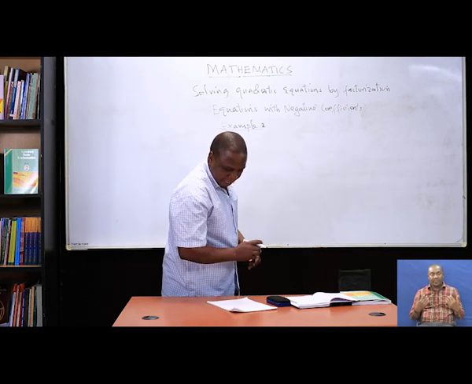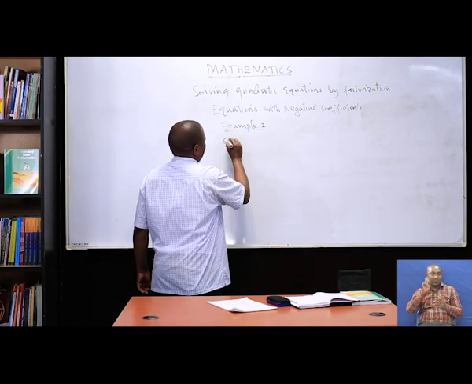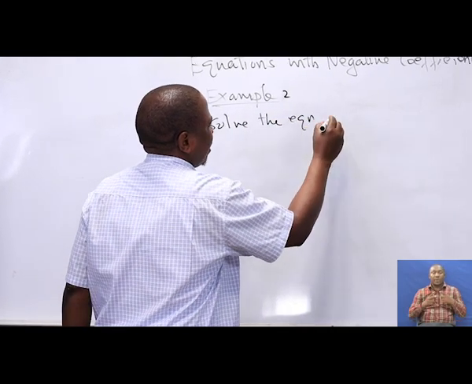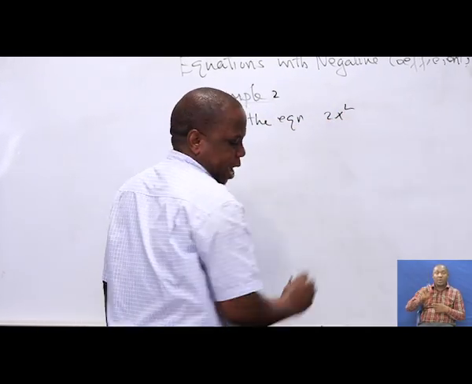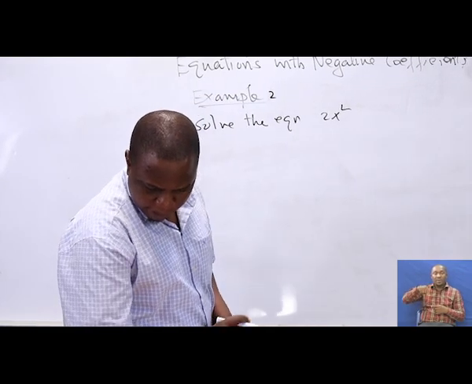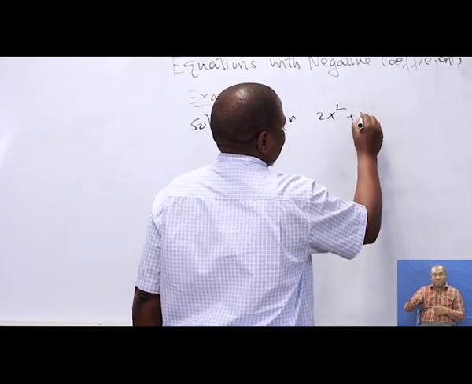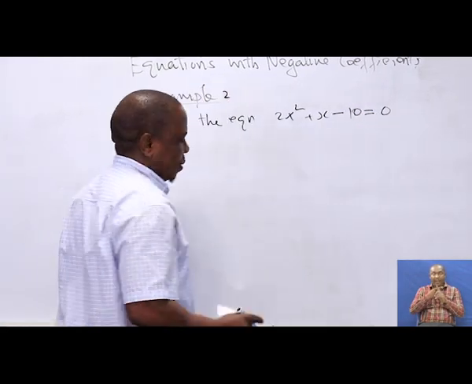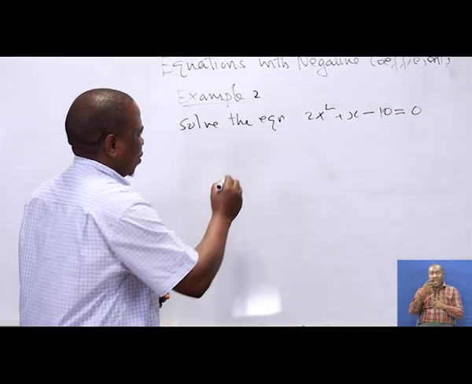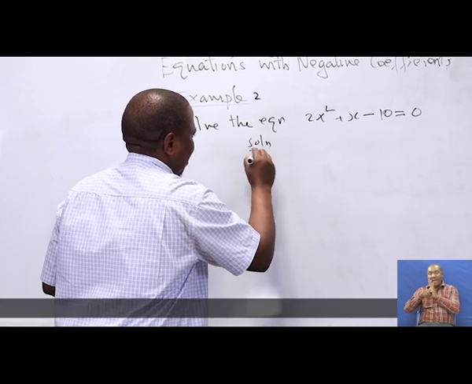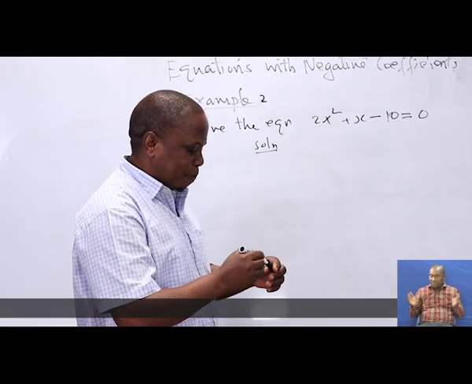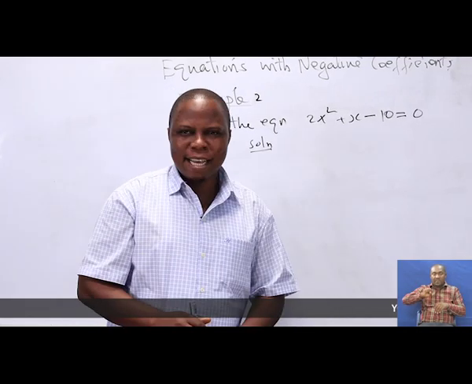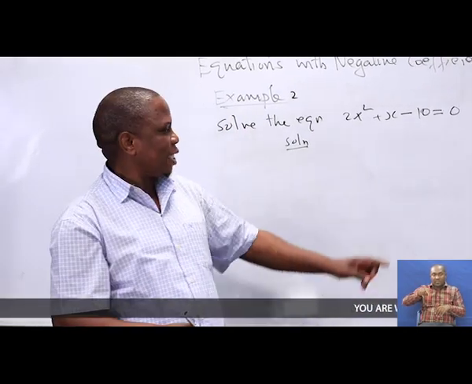Solve the equation 2x squared plus x minus 10 is equal to 0. Solution to this one. Our solving here should involve splitting the middle term. The challenge here is that our middle term has coefficient 1.